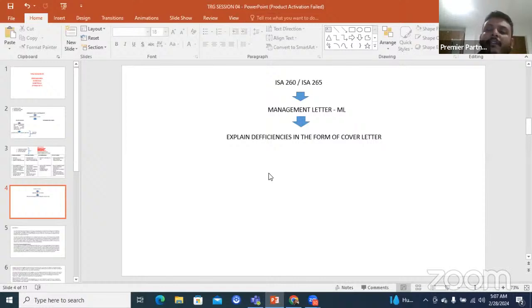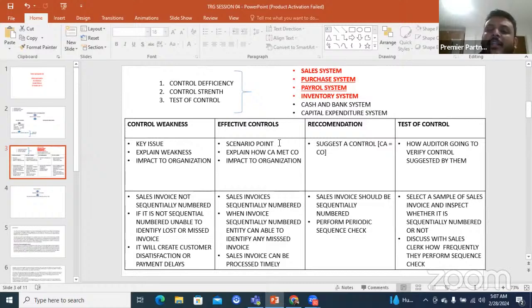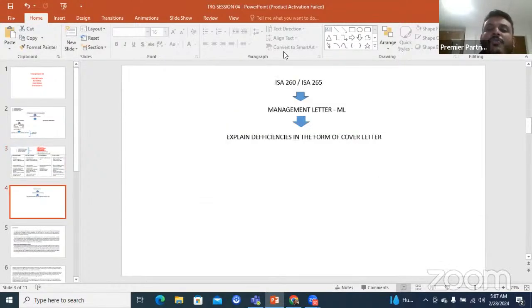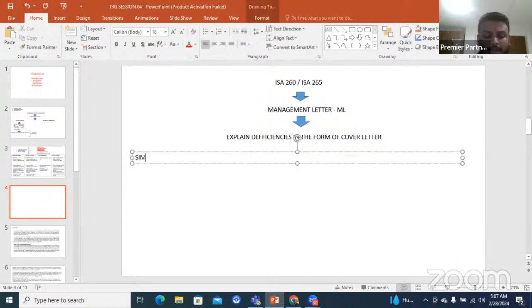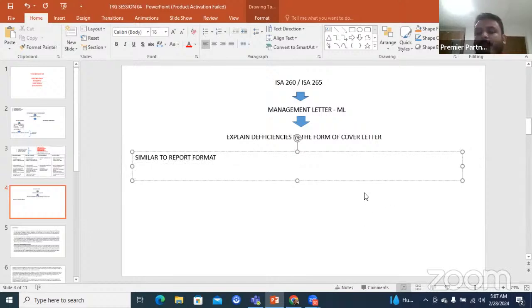Because when we are communicating deficiencies, we should communicate in a standard format. An audit report is also a formal report. Likewise, when we are communicating these deficiencies, we should follow a cover letter. A cover letter is similar to a report format.